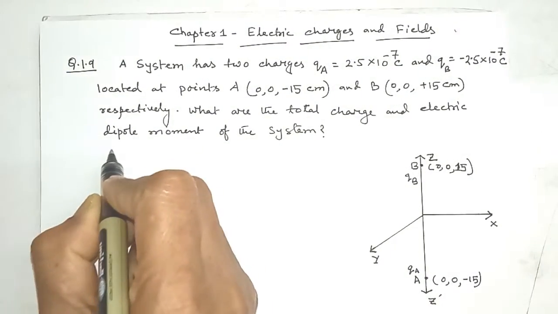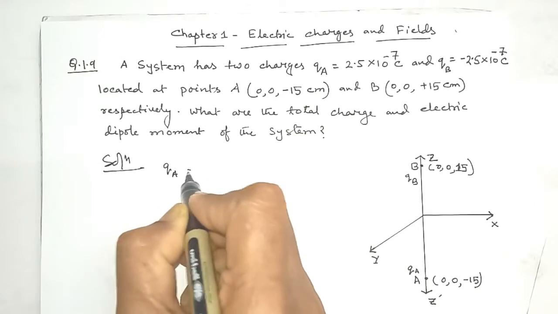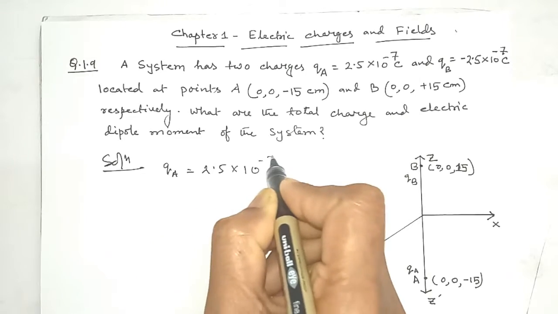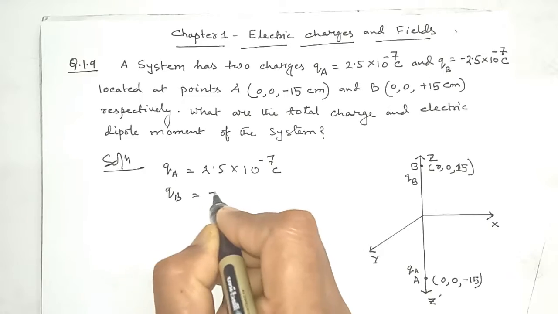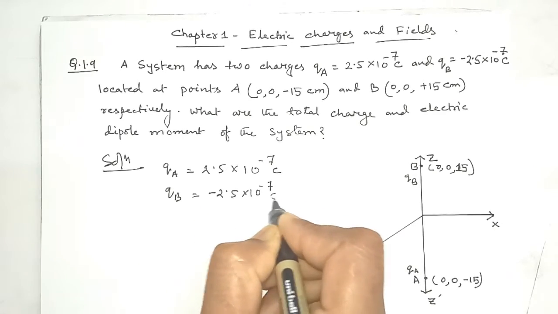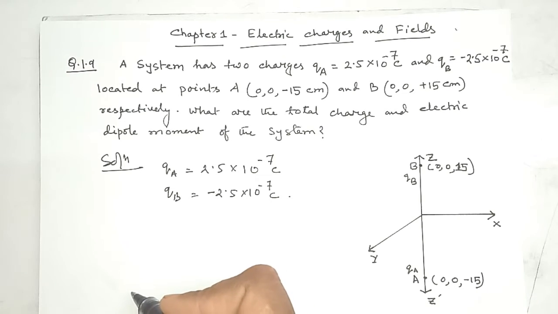Given that QA equal to 2.5 into 10 to the power minus 7 coulomb and QB equal to minus 2.5 into 10 to the power minus 7 coulomb. So we have to find here the total charge.